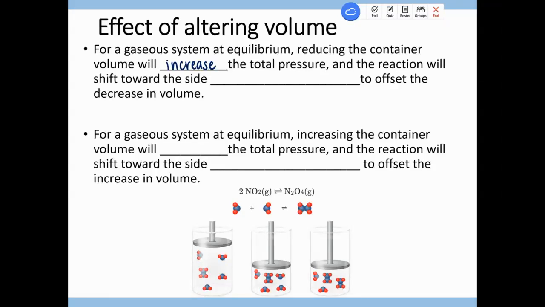We have more moles of gas per volume, or the same moles of gas but lower volume. So what happens when pressure increases or volume decreases, they're interchangeable in this scenario, the reaction will shift towards the side with fewer moles of gas, to offset the decrease in volume.